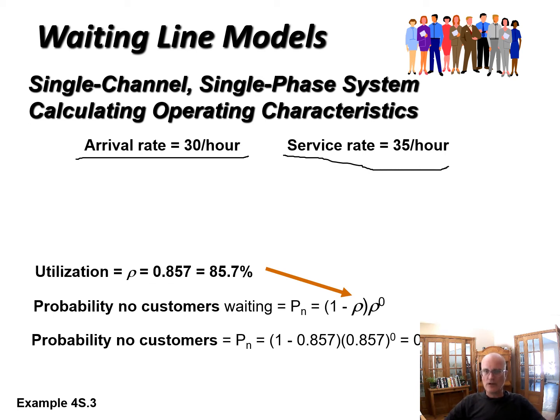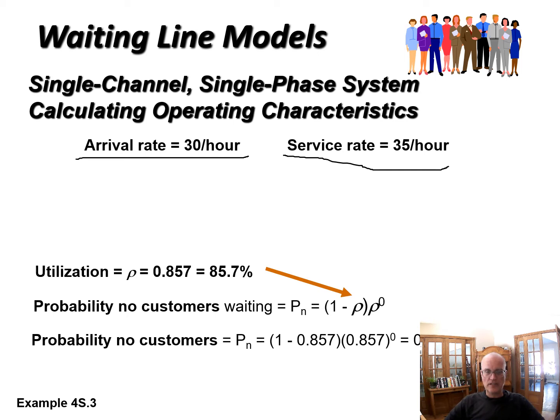We have an arrival rate that is less than the service rate, so we are happy with what we have here. Our utilization is 30 divided by 35, which is 0.857, or 85.7%. That means 85.7% of the time we have a customer in the system.